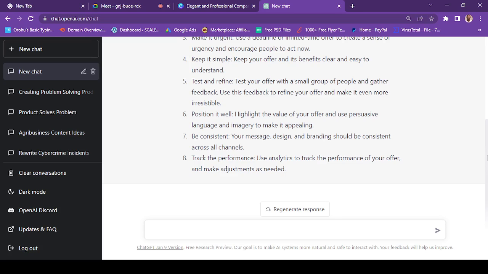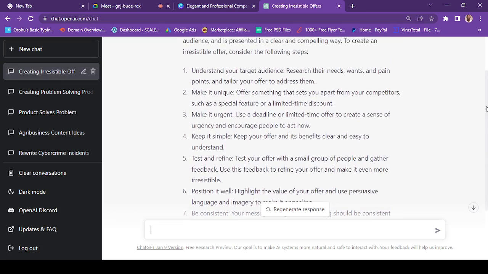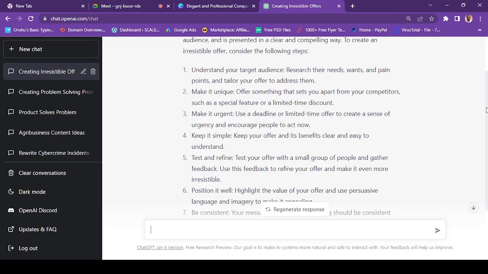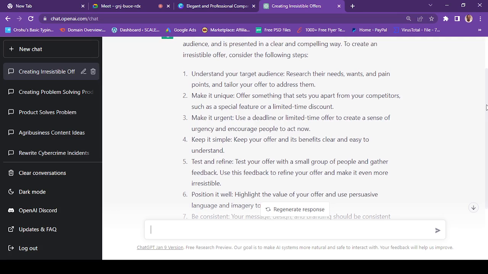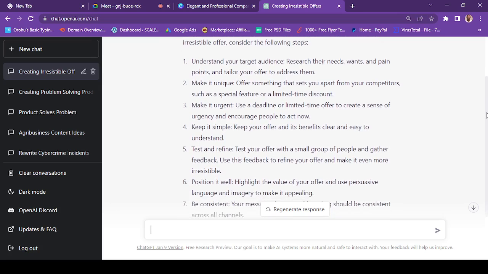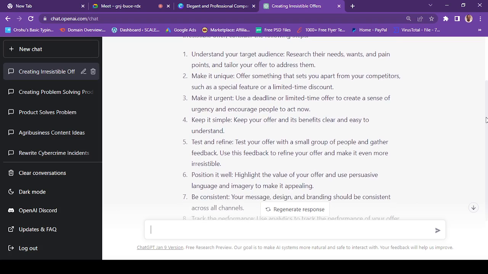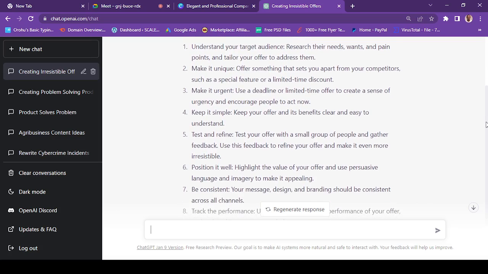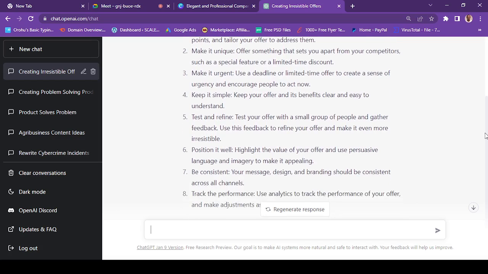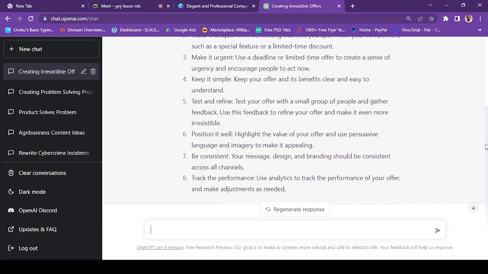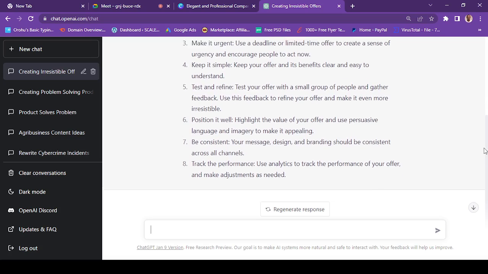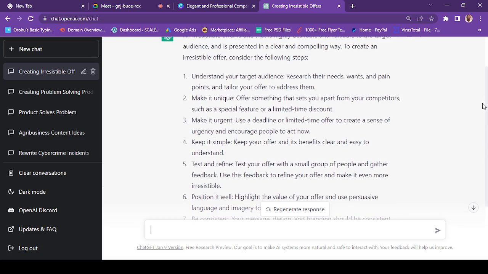Okay. From what this AI has here, it's giving us about 8 different steps to creating an irresistible offer. First, they are saying we should understand our target audience, which comes from researching their needs, wants, and pain points. Then the next thing is make it unique, make it urgent, keep it simple, test and refine, position it well, be consistent, track the performance. That's what this is giving.